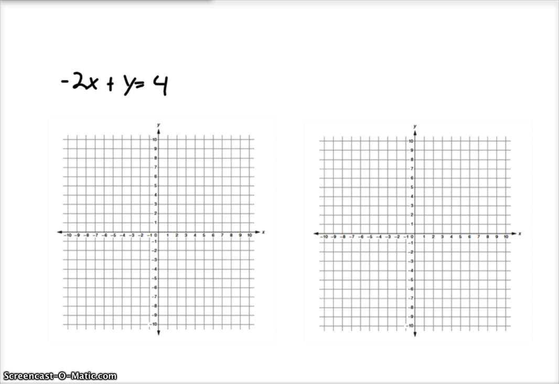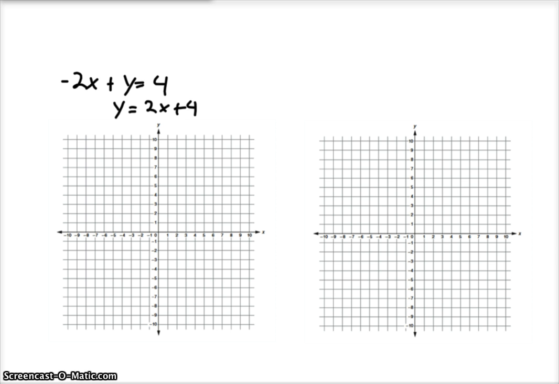First thing we want to do is get y all by itself. It's just the way we want to set up our problem. So I'm going to add 2x to each side. By doing that, it cancels out the negative 2x on that side. So we're just left with y equals 2x plus 4. Since we're dealing with addition, it's just easy to keep the 2x first. That's just the way I like it, and it makes sense to me.